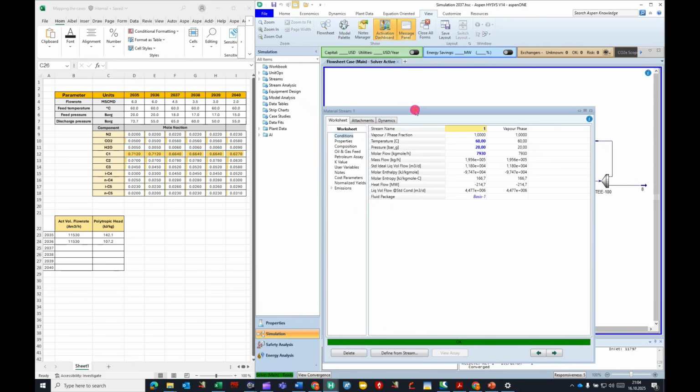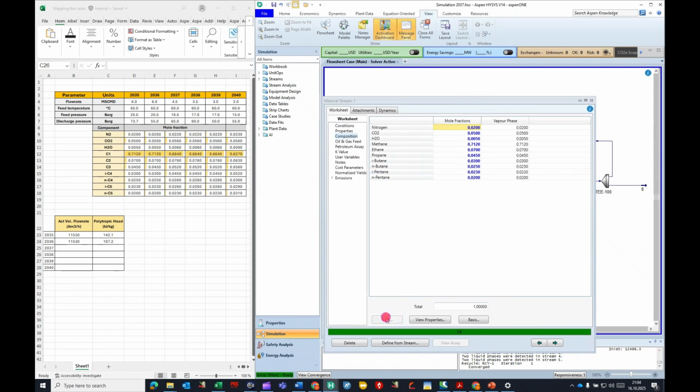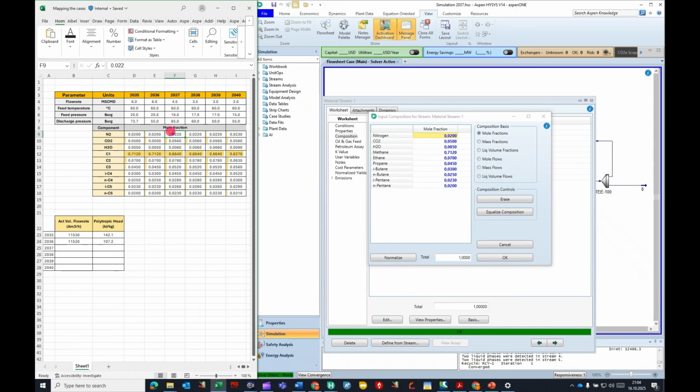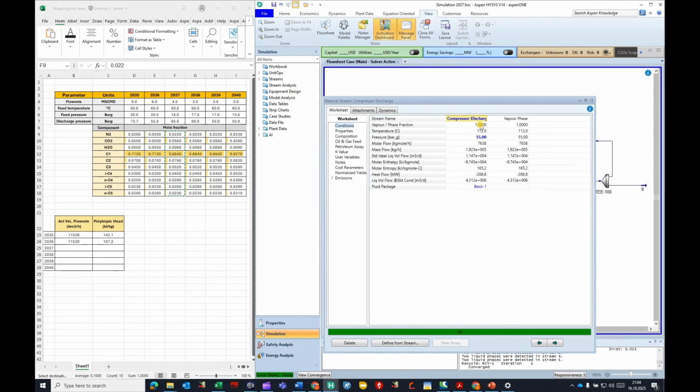So the suction condition for the feed gas, temperature is the same, pressure is 18, and composition is also different. And finally, the discharge pressure.